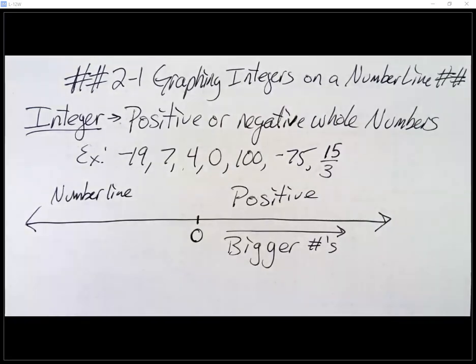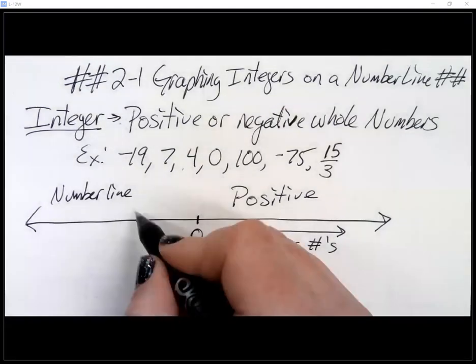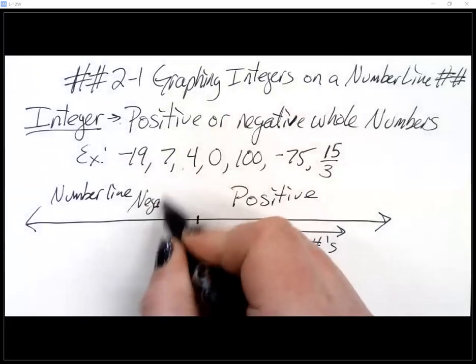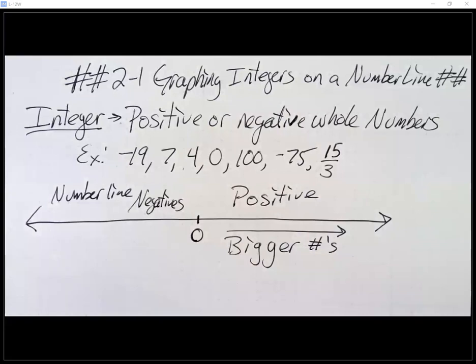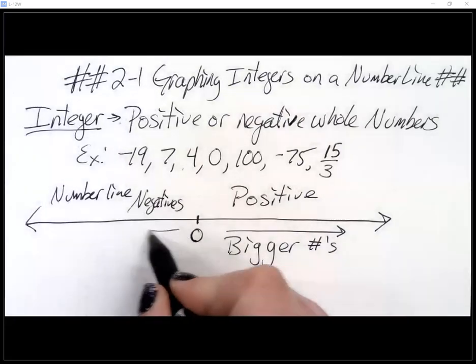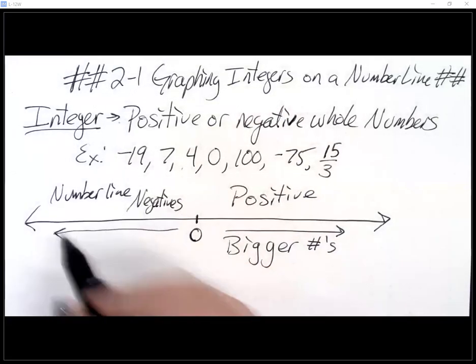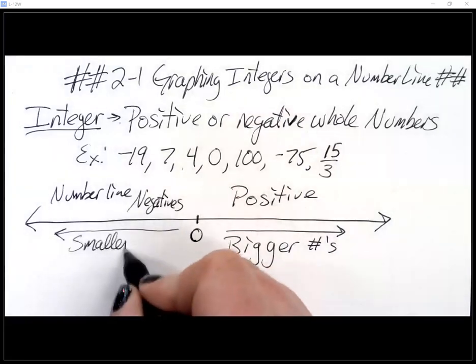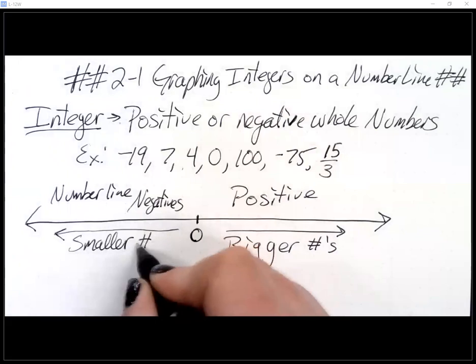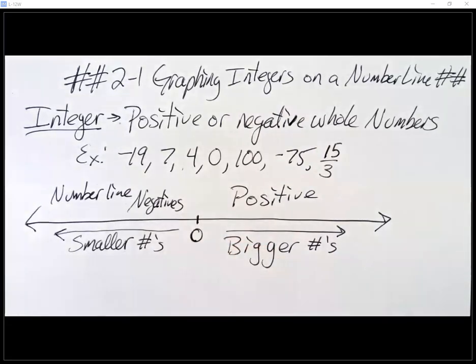When you go on the left-hand side, though, when you are in negative land, everything changes. As you go further and further to the left, the numbers are getting smaller. This can be very confusing when I'm asking you to tell me which number is bigger and they're both negative.